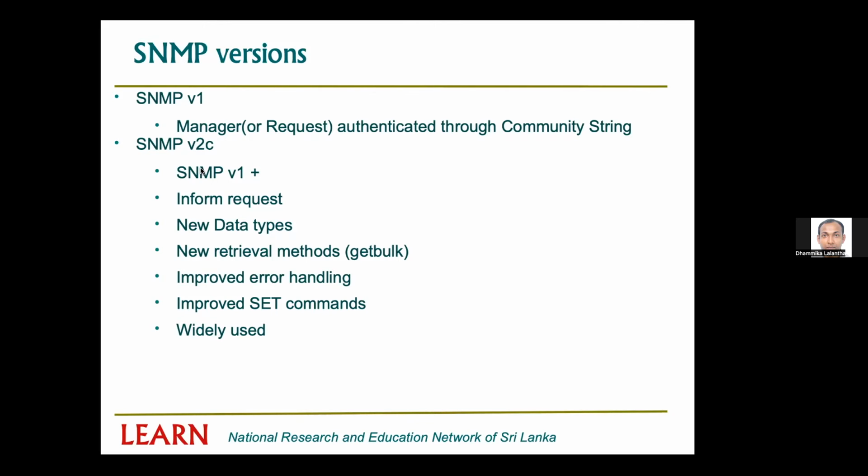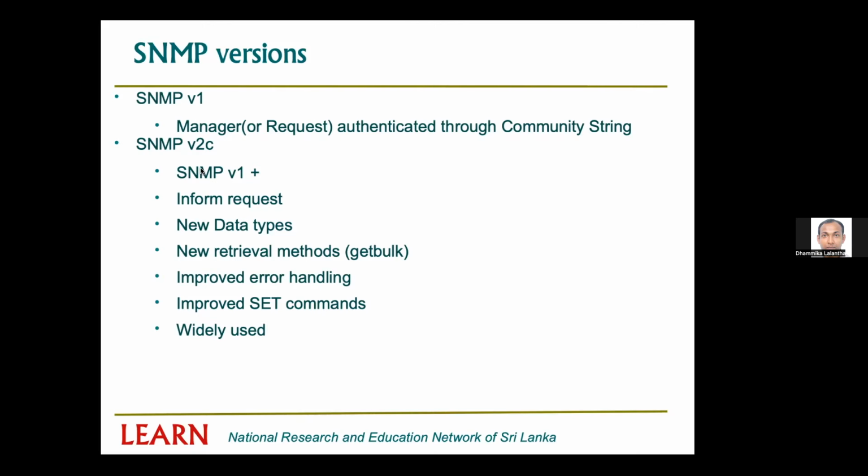It also came with new data types like counters, and it came with new retrieval methods like get bulk. As I said, there were 7 operations.